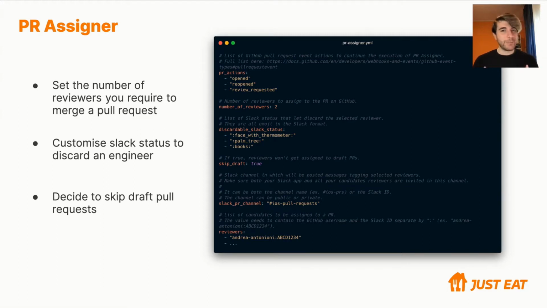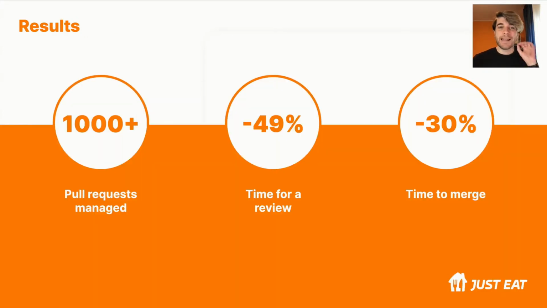For example, at JustEat, we use the palm tree when we are on holiday, or the pile of books when we are taking time for some training. While I'm talking with you, PR Assigner is probably assigning my colleagues to PRs.